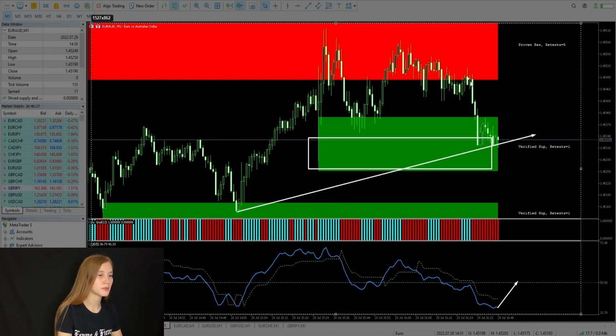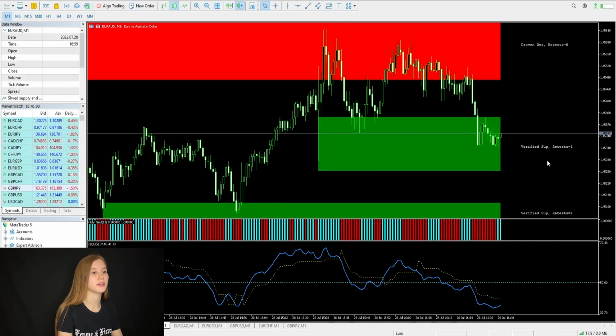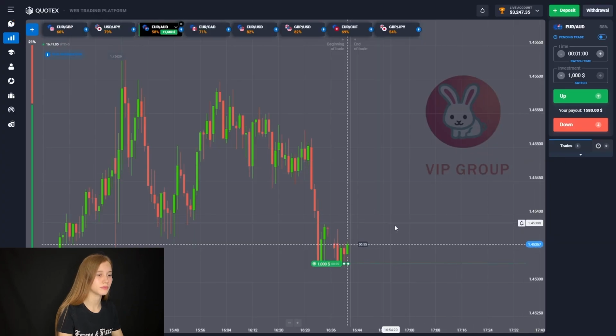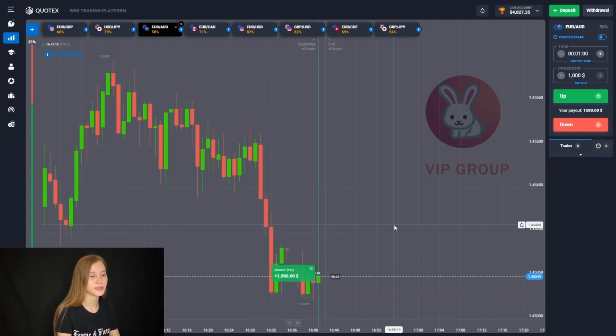So let's move to Quotex. As I said, the movement went up and there is a little time left to complete. And the deal closes in plus, on the balance $4,827. And on this result, we can end our trading session.